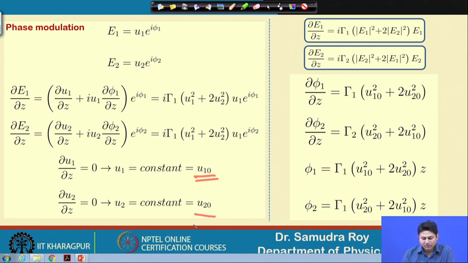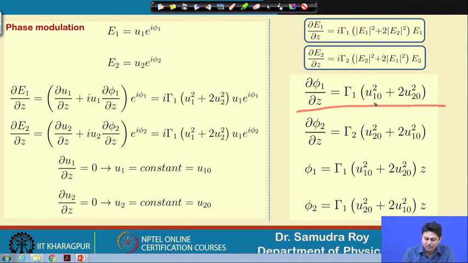What about the phi equation? That is interesting. On the right hand side we write the other equation by equating the imaginary parts, and we find that d phi 1 dz is gamma 1 u1 square u2 square. So, u1 u2 is conserved.